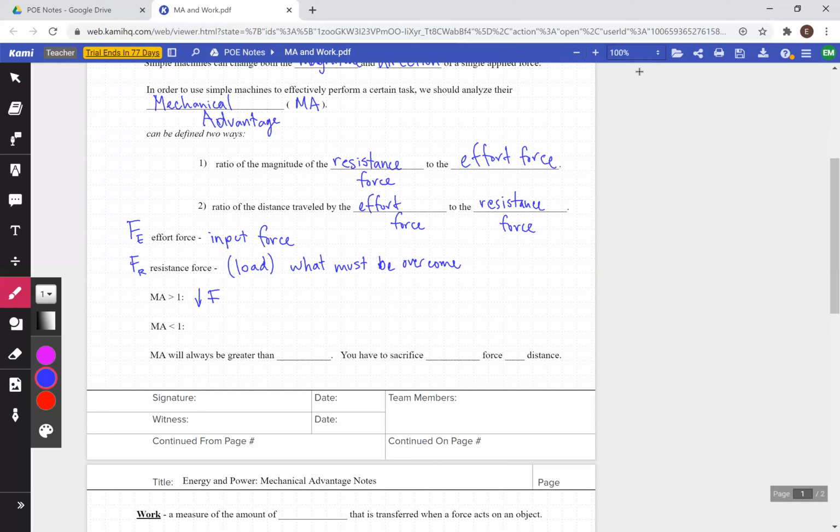We'll need a lower effort force to overcome the resistive force. But simultaneously, we're going to need to cover a larger distance with that effort force. So we have to increase DE, which is the distance covered by the effort.